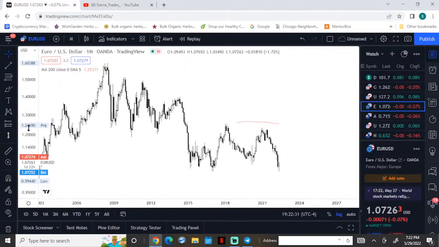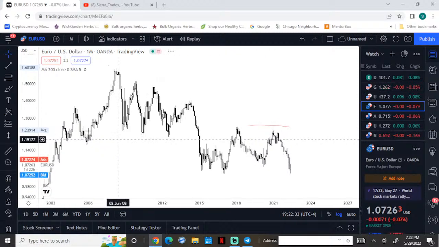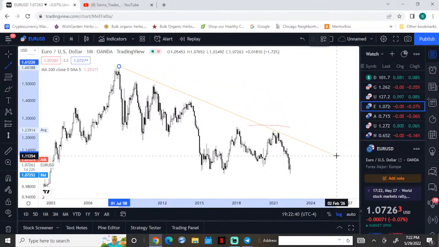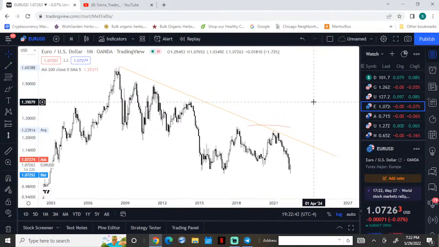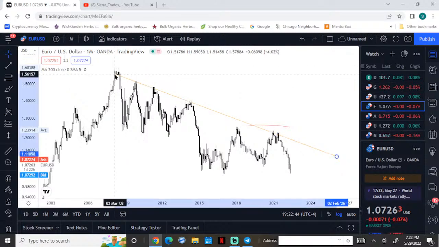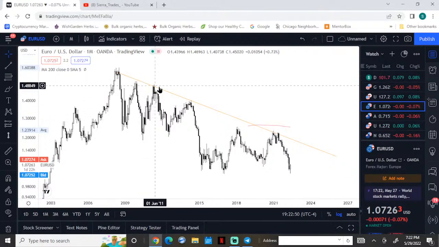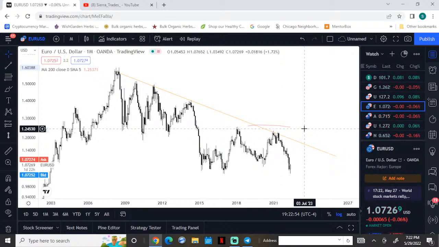Oh, look at this monthly trend line. That's really pretty. It's beautiful. It touched so many times. 1 failed, 2, 3, 4, 5, 6. Sheesh. That's a powerful trend line.